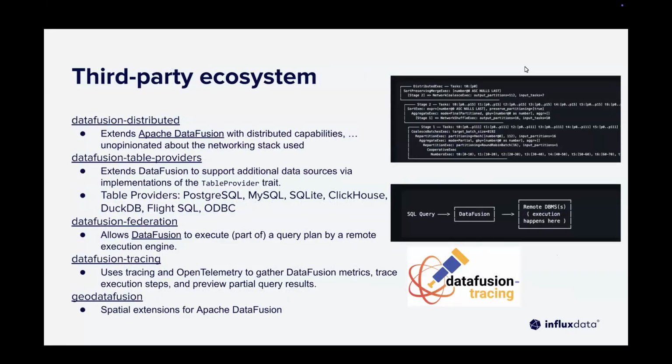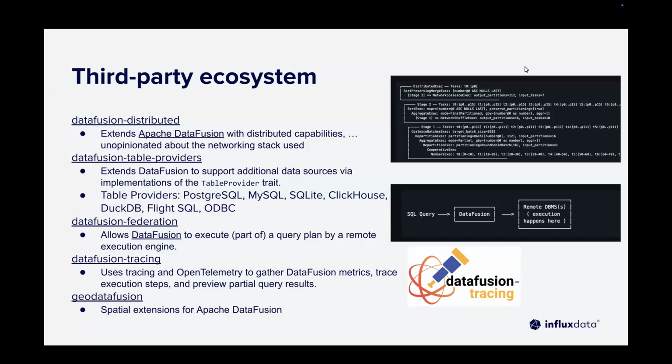I think the other thing that DataFusion has that's kind of cool that's been growing is a third-party ecosystem. It's all open source, but it fits in this modular database world, where if you want a database system with particular properties, you don't have to just accept what people have already chosen. You can assemble what you want out of custom pieces. Here's an example of additional pieces that people have offered in the open source community. For example, DataFusion Distributed has been showing up a lot recently.